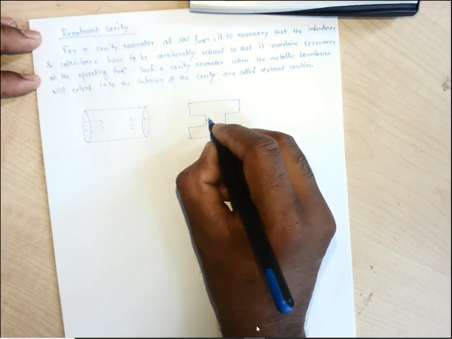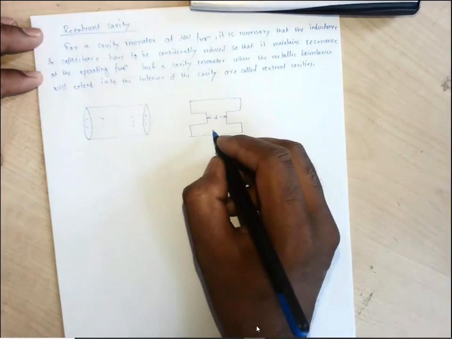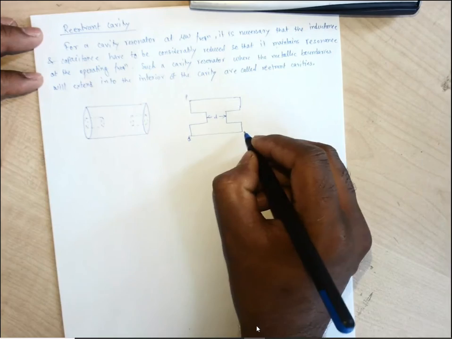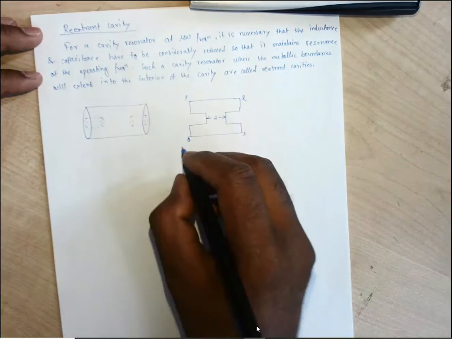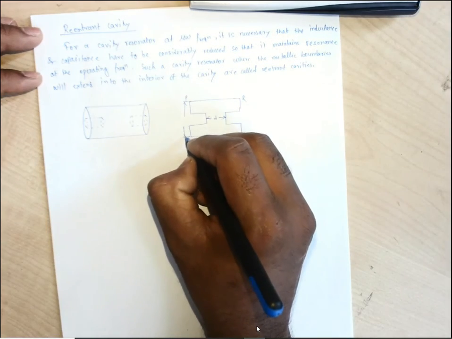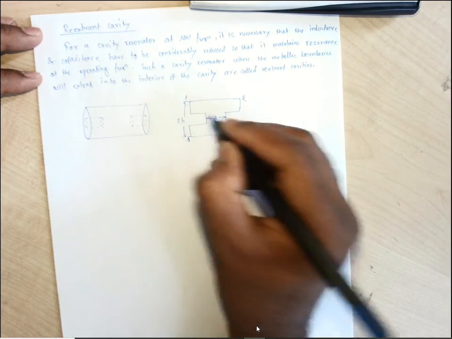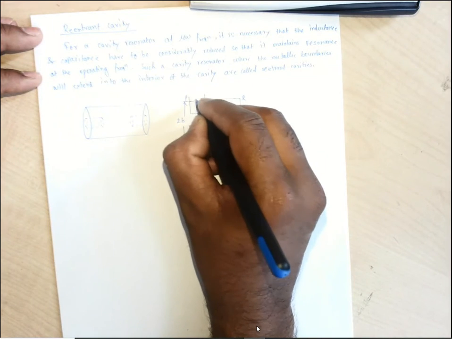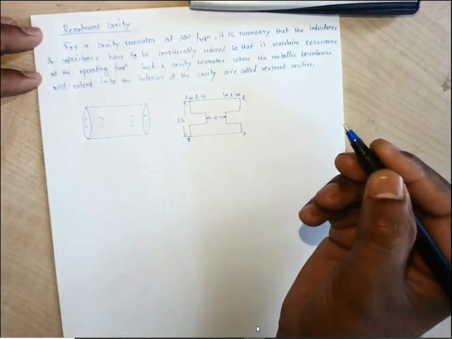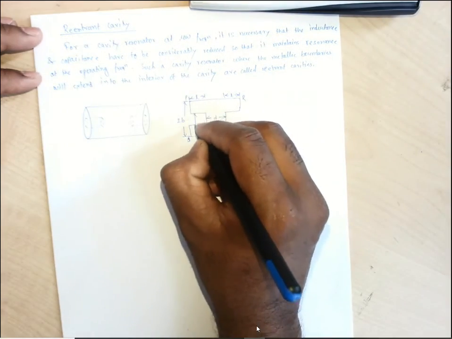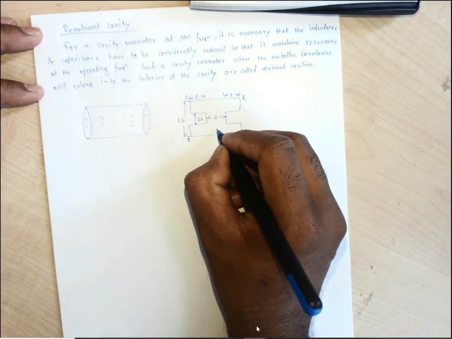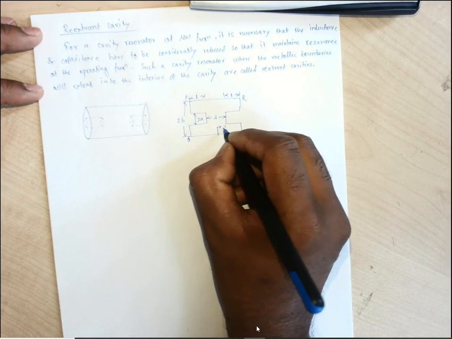So let us consider this length is D. Some corners we are representing as P, Q, R, S. This total length is twice B. This length is L, as well as this length is also L. This is twice A. So if we look onto this point, we can find out some input impedance at this side.